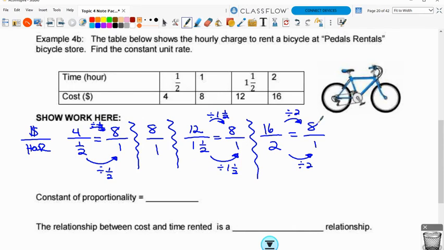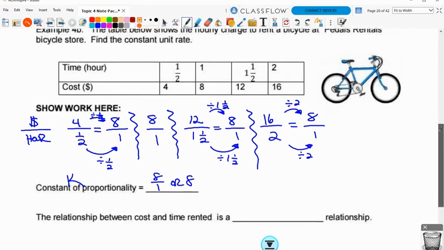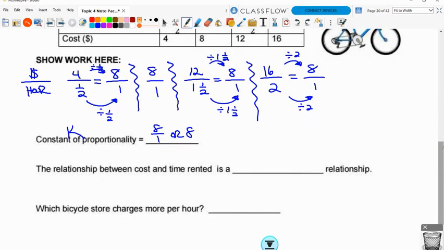So looking at the 4 unit rates this time, all of them were 8 over 1. So this constant of proportionality k equals 8 over 1 or 8. And again, since all of the values of k are equal, since all of them were equal to 8 over 1, the relationship between the cost and the time rented is a proportional relationship.